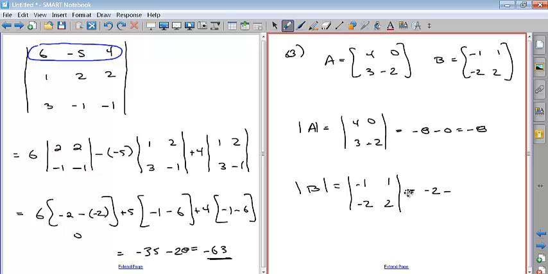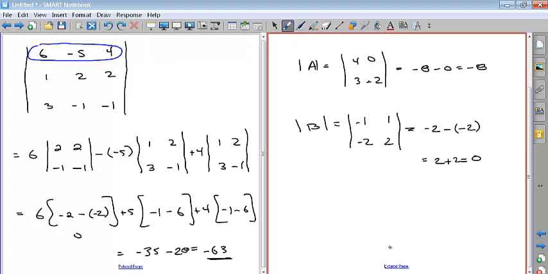You're going to subtract negative 2 times 1, which is negative 2. So negative 2 plus 2 is 0. So that's the determinant of B. Okay, third problem is what is AB, which is just A times B.